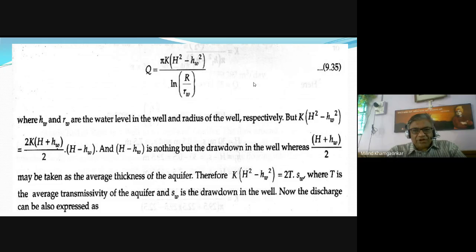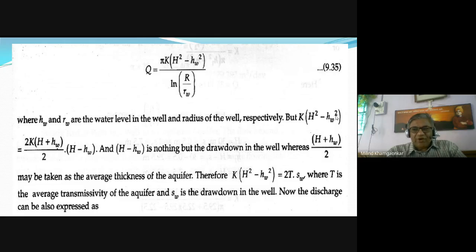Now this equation can be further modified. K into H square minus HW square can be rewritten as 2 times K upon 2. We multiplied by 2 and also divided by 2, so they cancel out.